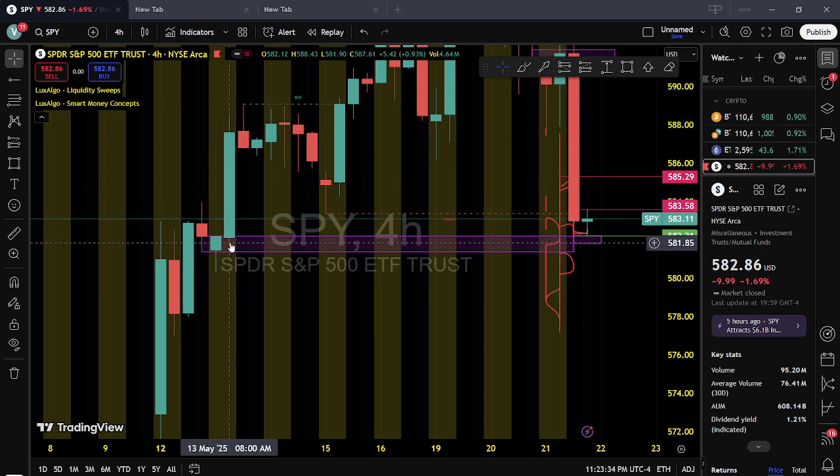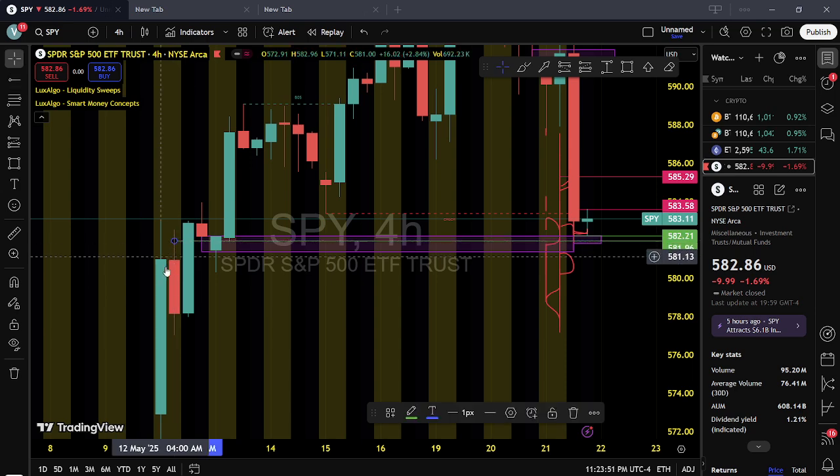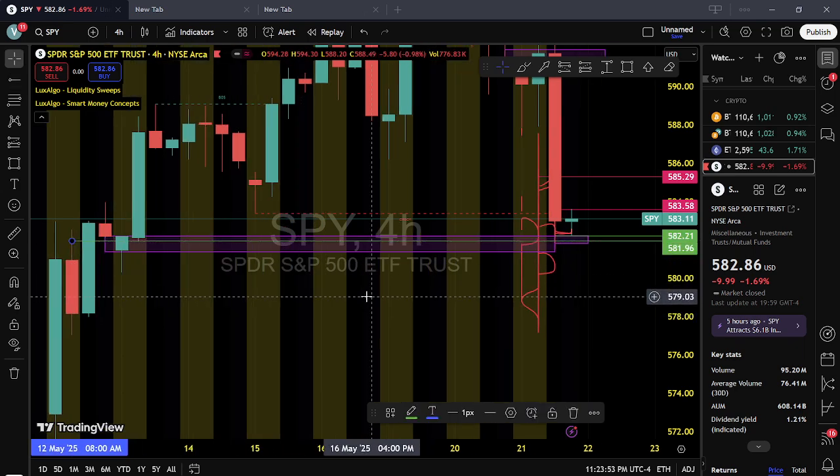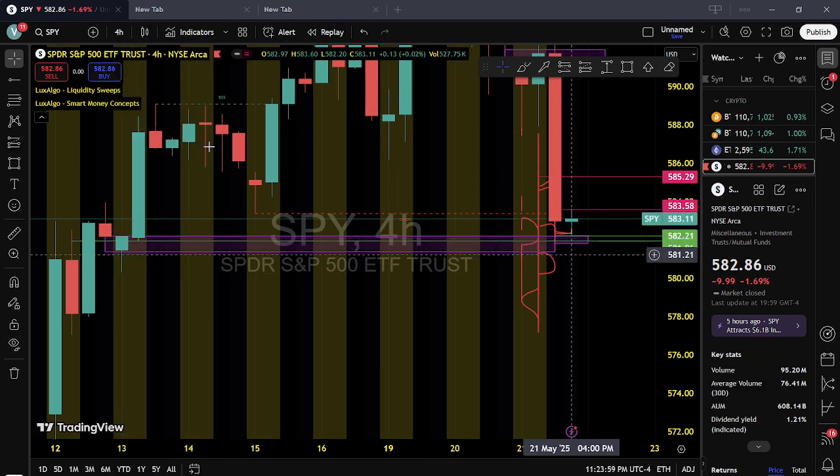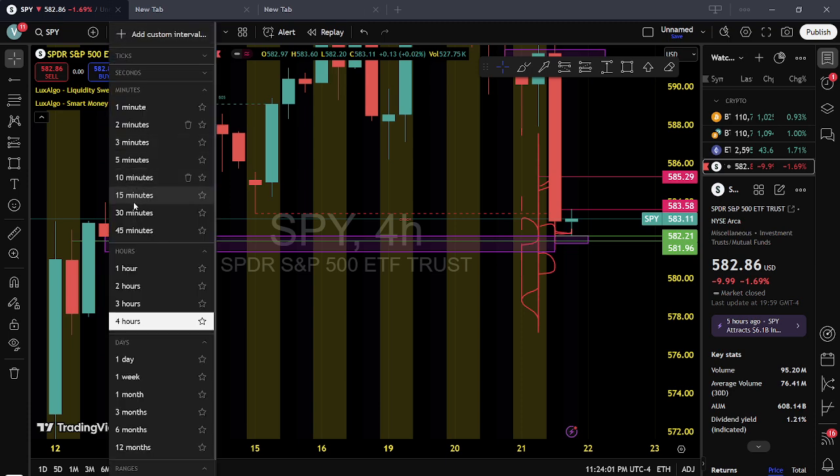So if it makes a double bottom situation, it has not tapped yet. The 581.96 has not tapped. Let me draw this line. This is a very important level, guys. Oh my God. So there is a chance in the morning it will try to tap this particular level. So let's see in 15 minutes.